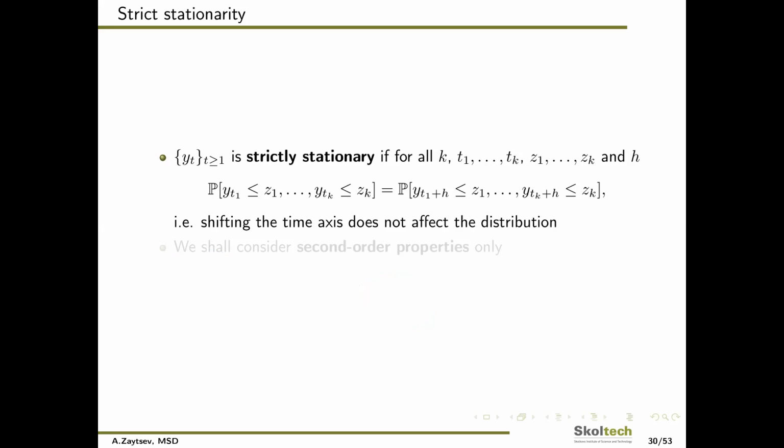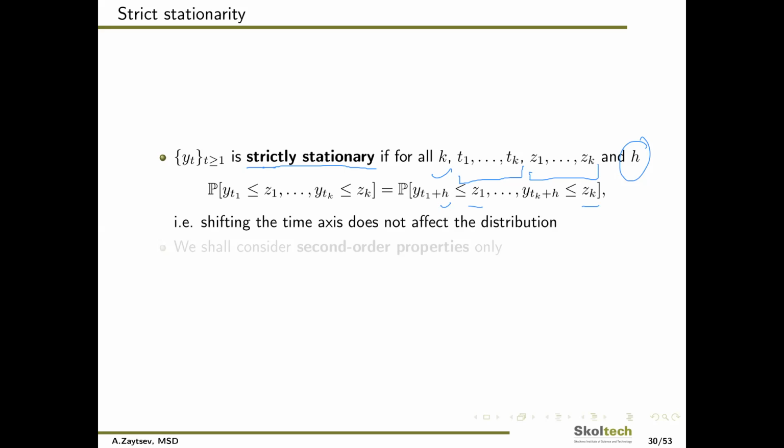We can say that a time series is strictly stationary if we select some k, some set of indexes, and window size. Then if we have this joint distribution for the first set of indexes and we shift everything by h for the same z1 to zk, these distributions coincide with each other.